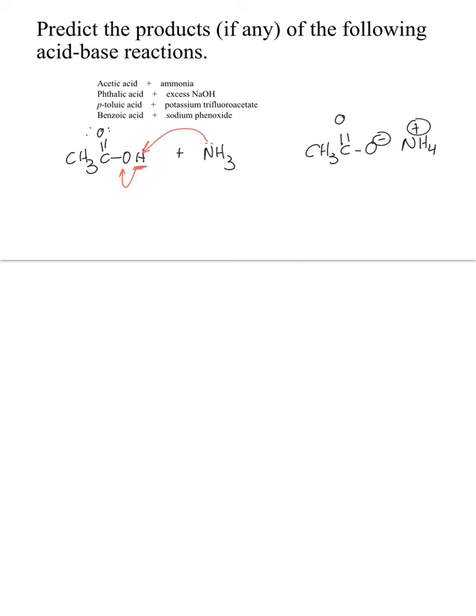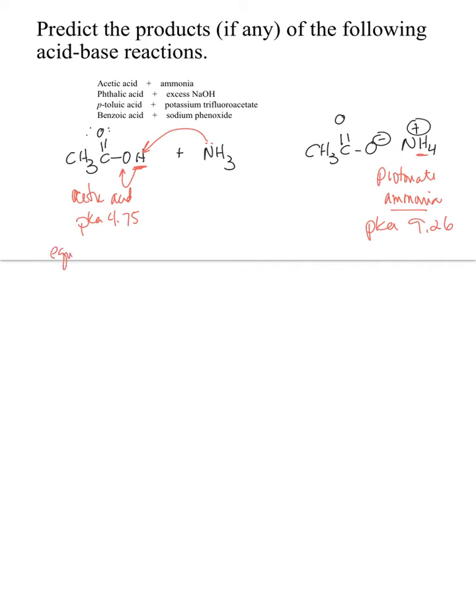Now you have to locate where it went. It went over here, so you're looking at a protonated ammonia. You might want to get the pKa tables that I gave you. And this is the acetic acid, so you know the pKa of that is about 4.75. And then you're looking at the pKa of the protonated ammonia, which is about 9.26.